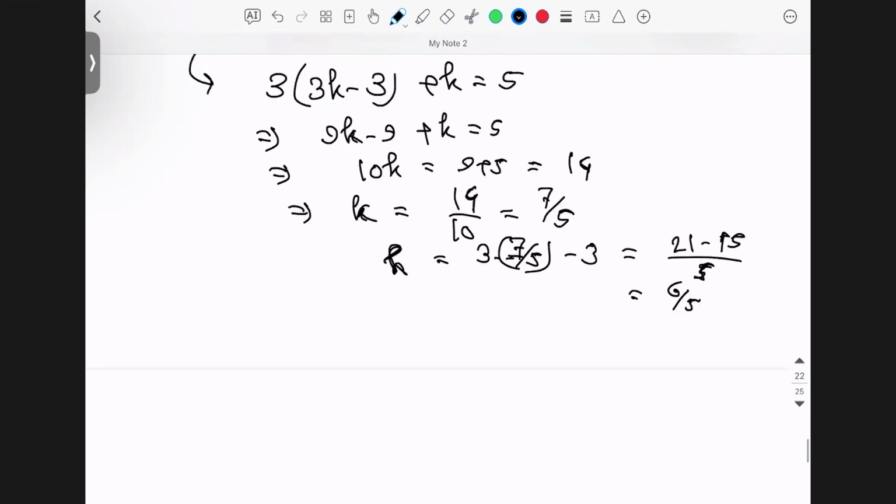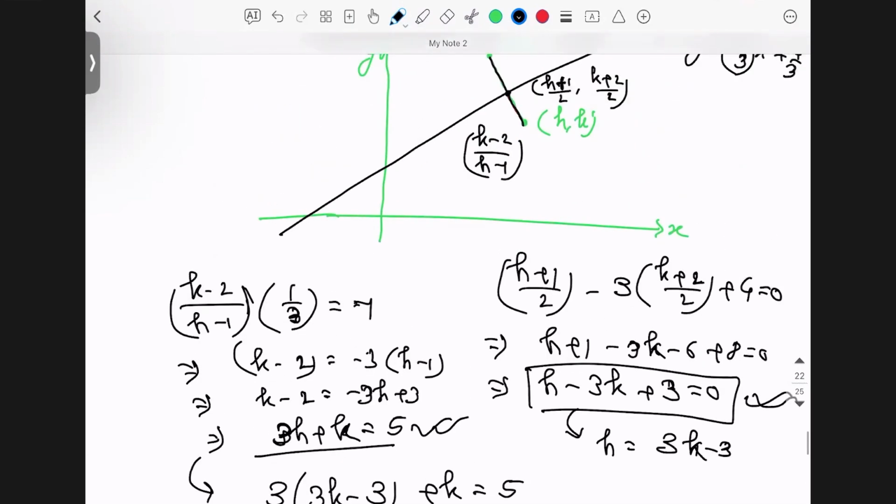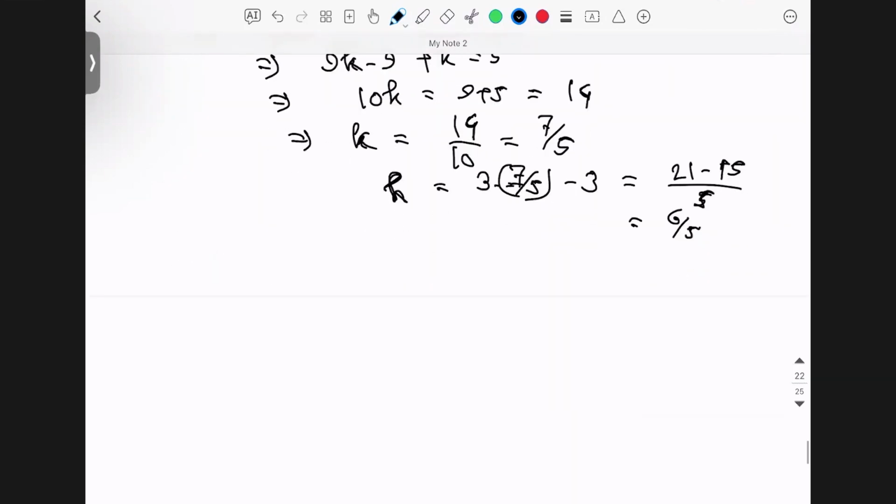So the coordinate of the mirror image of the point 1 comma 2, if I assume the straight line as a mirror, will be 6 by 5 comma 7 by 5. This is the mirror image of 1 comma 2 if I consider the straight line as a mirror.